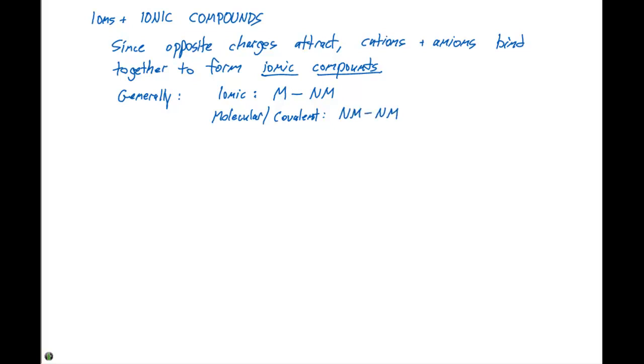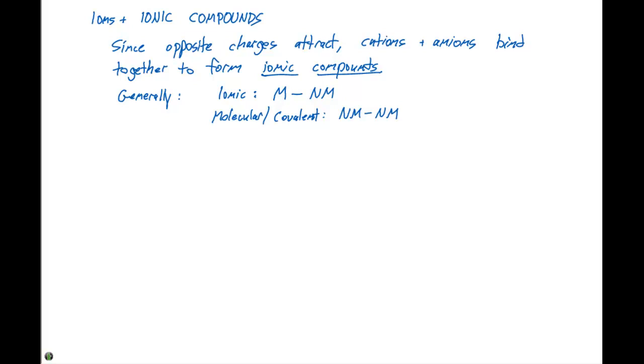So this gives us a way to differentiate between these two, and we'll talk about the bonding of each of these in later chapters, but we can use the periodic table as a guide to predict which compounds are going to be molecular or covalent and which ones are going to be ionic.